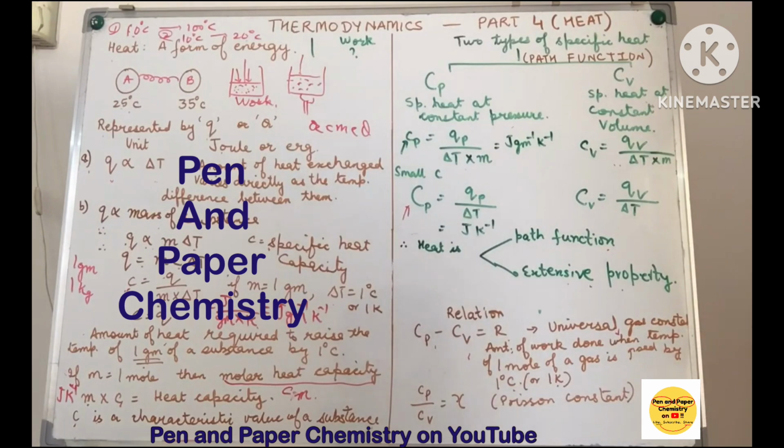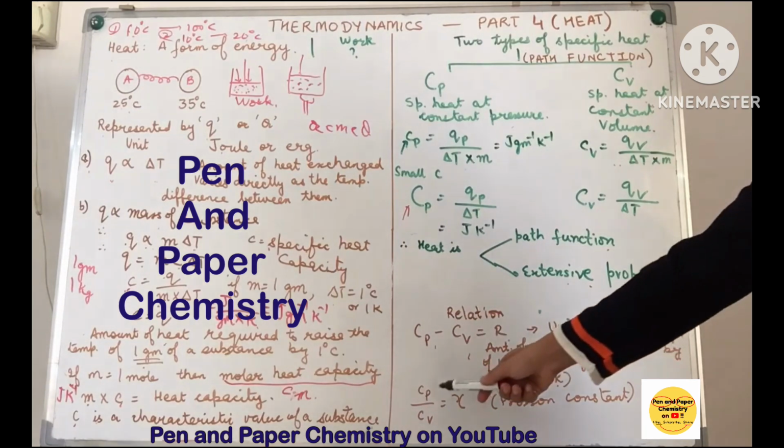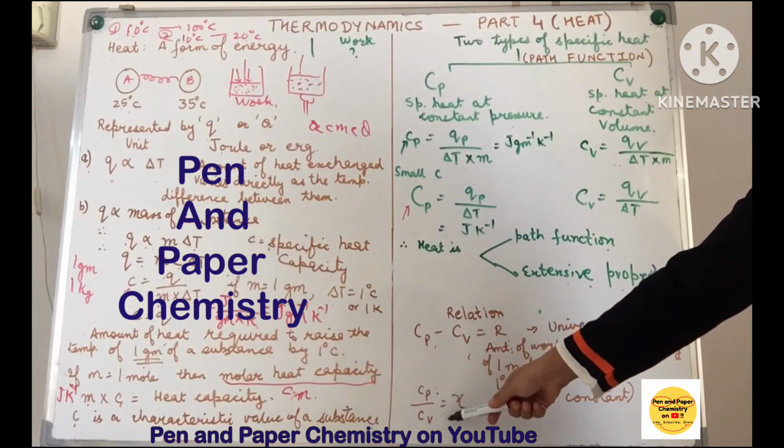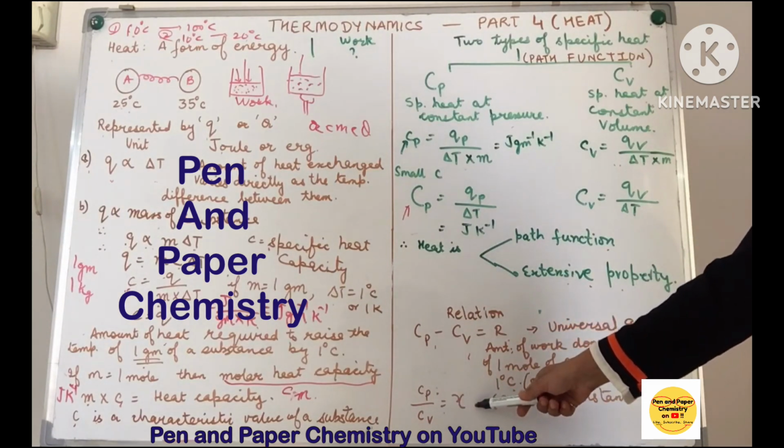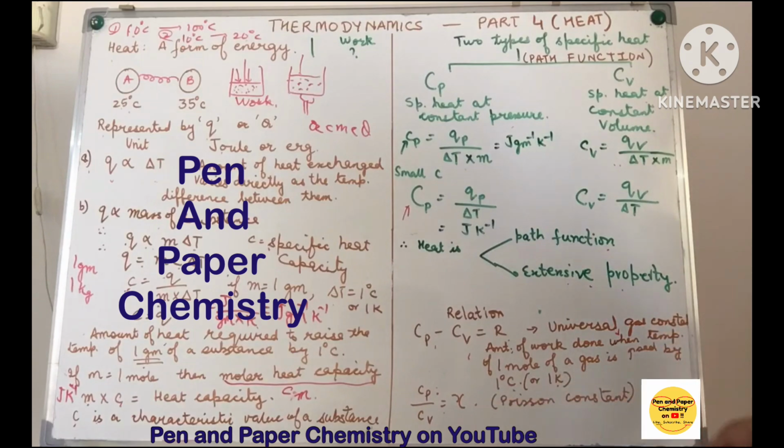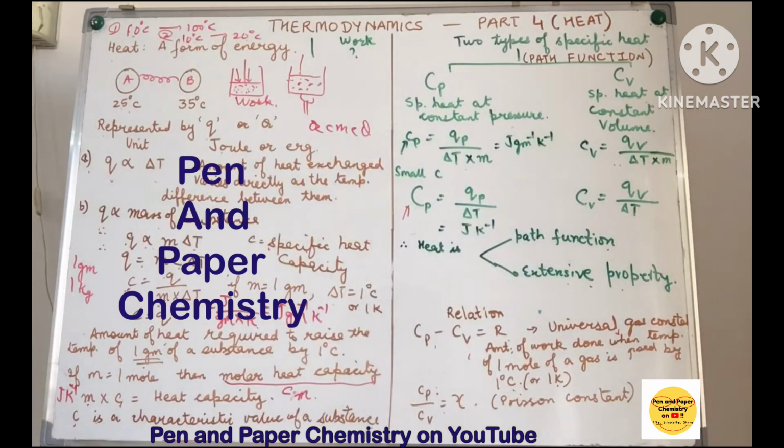Please remember, when you're talking about difference in temperature, whether it is Celsius or Kelvin, it is the same. The ratio of the two, Cp upon Cv, is denoted by the symbol gamma, known as the Poisson constant. We shall be discussing more about these in our further videos and extending our concept in order to derive a relation between the three thermodynamic quantities that we have learned till now: internal energy, work and heat.